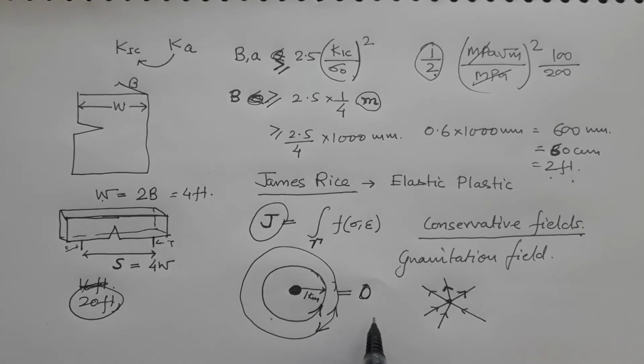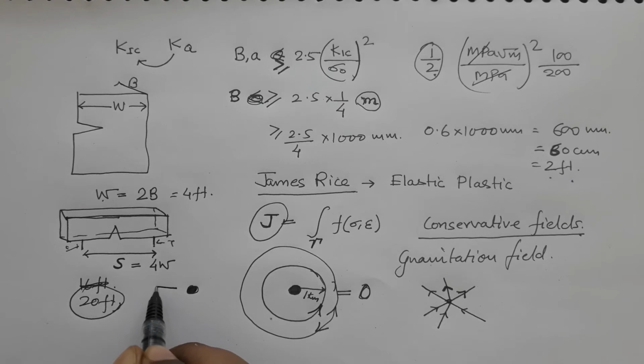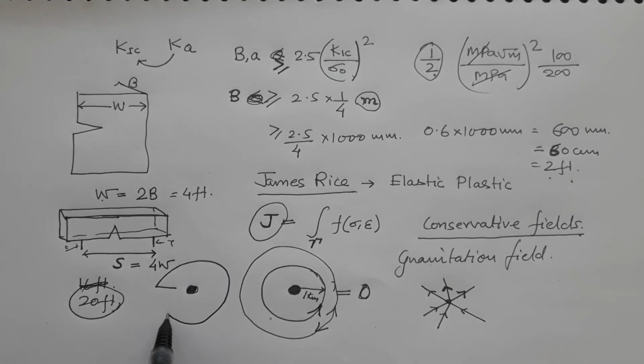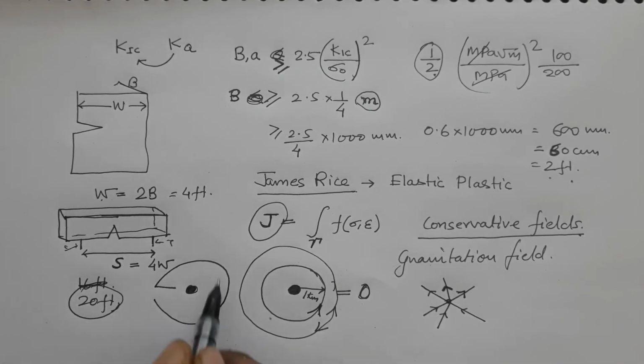Okay. But if you take a path or a line integral which is not closed, so if you take a path which is like this, and now you take an anti-clockwise path, then this value will not be 0.